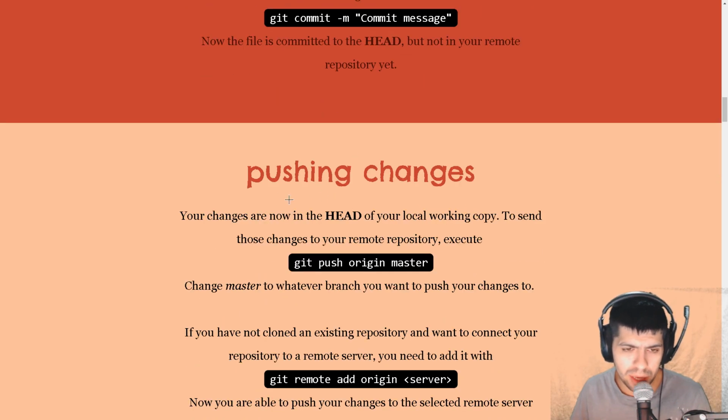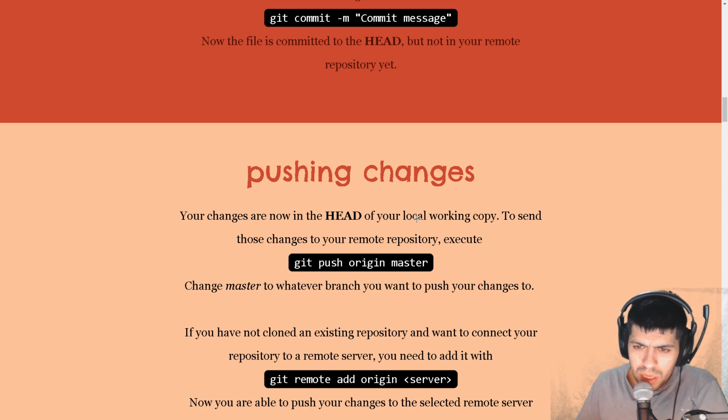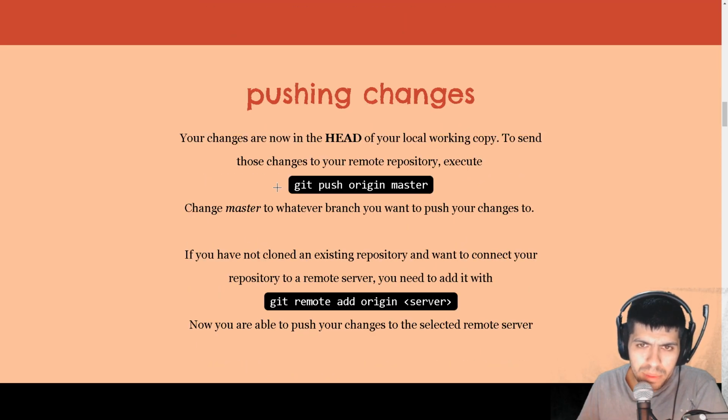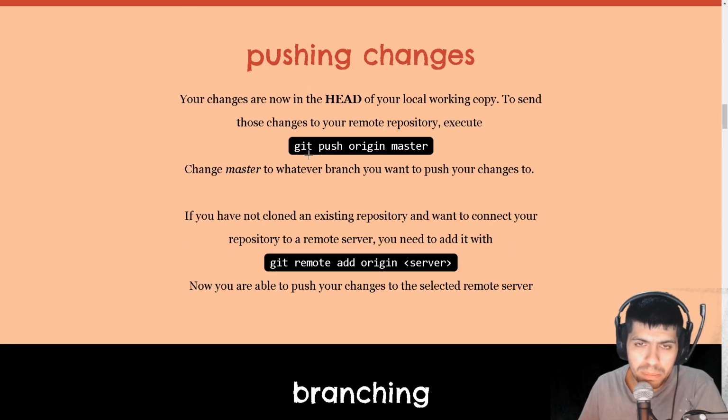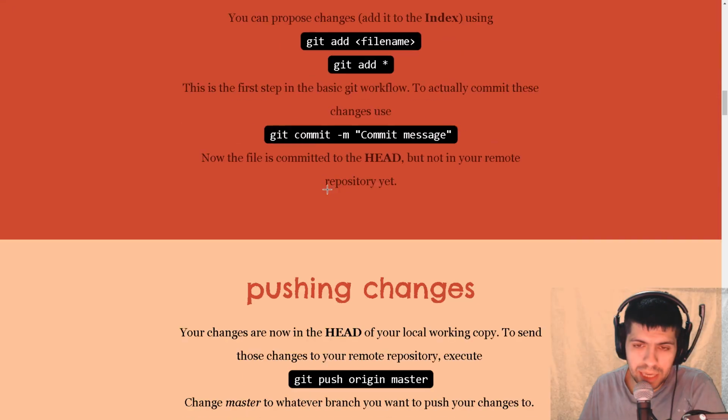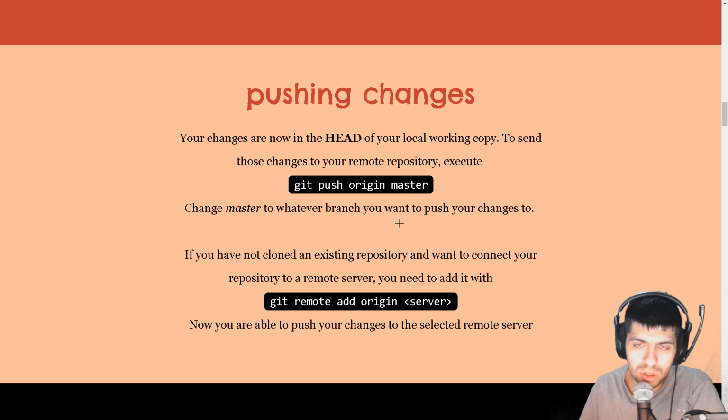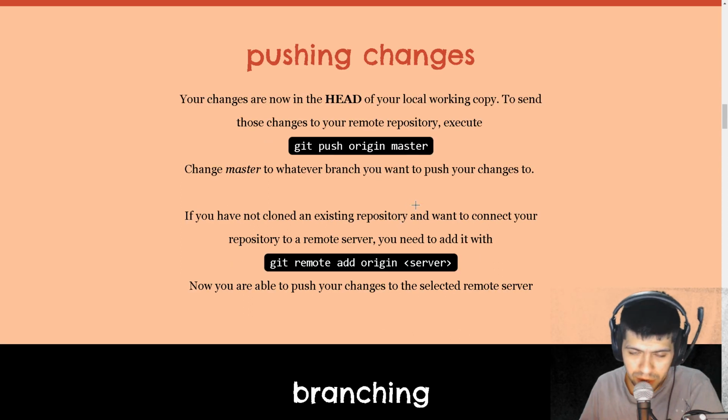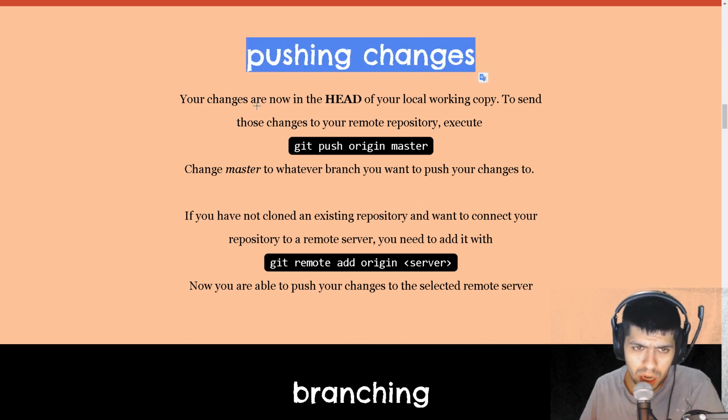The final part that you have to do is to actually push it to GitHub or whichever other service that you're using. I think they have GitLab. There's a few other ones, but if you want to push it up.